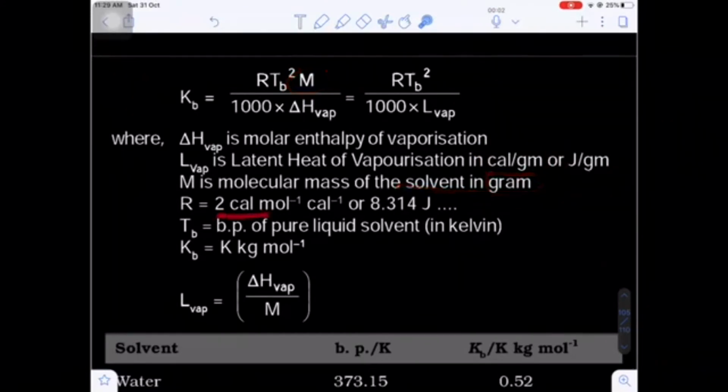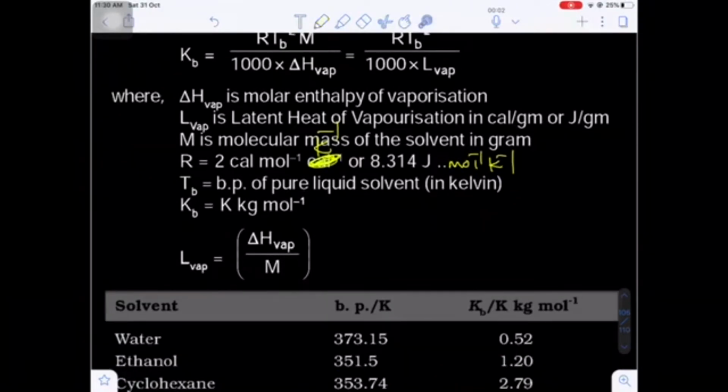Now the R value is 2 calorie per mole per Kelvin, otherwise you can take R as 8.314 joule per mole per Kelvin. Are you getting my point? What is Tb? That is the boiling point of the pure solvent in Kelvin. And Kb is the molar elevation constant, whose units are Kelvin kg per mole.